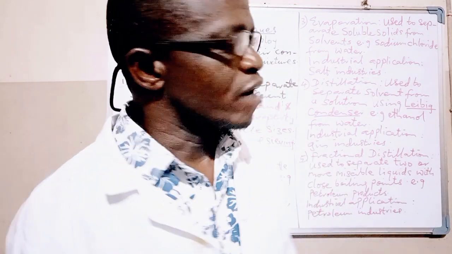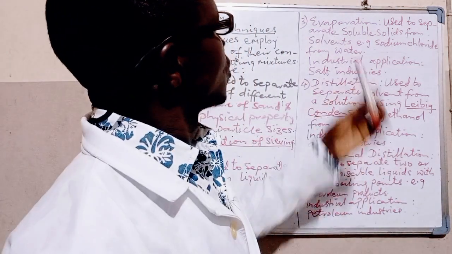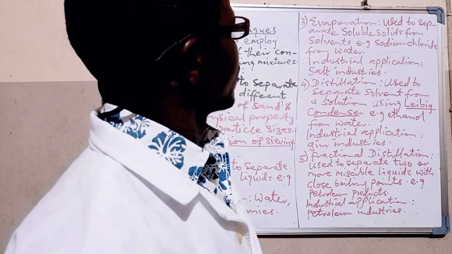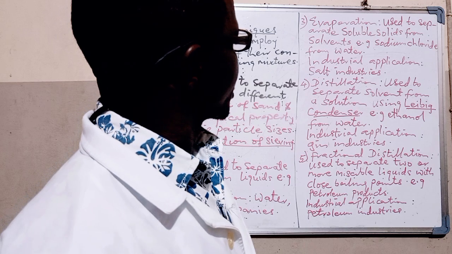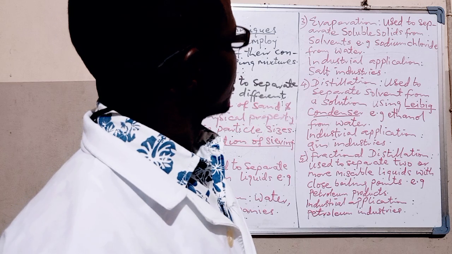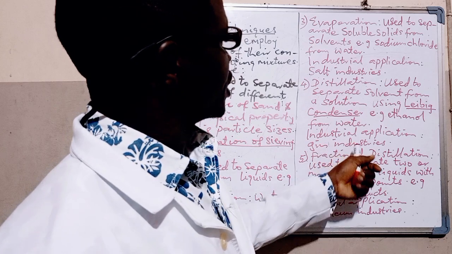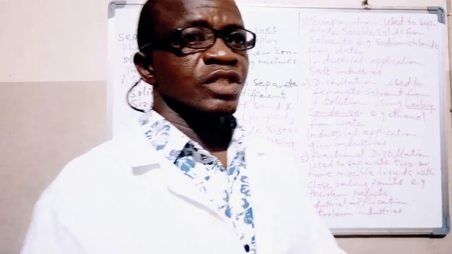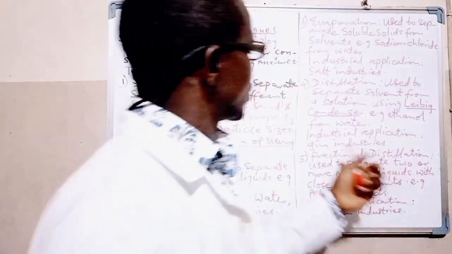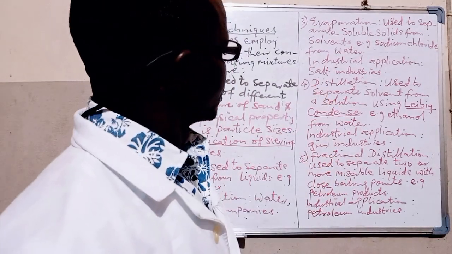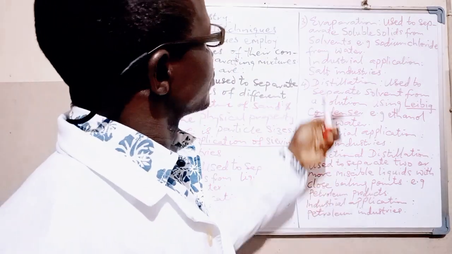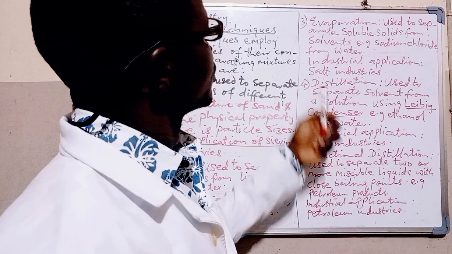Then you have done separating your ethanol. Industrial application of distillation: gin industries, where they are making local gin. That's where they use this distillation technique. This is simple distillation.